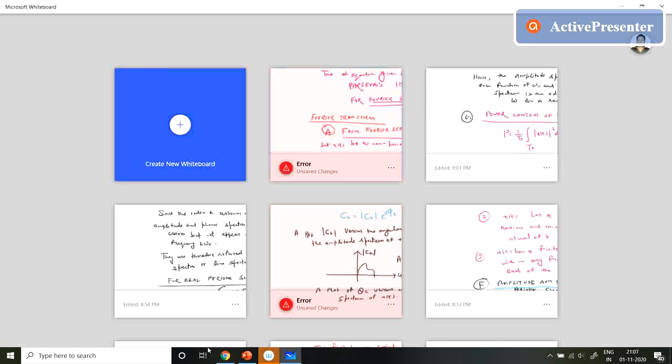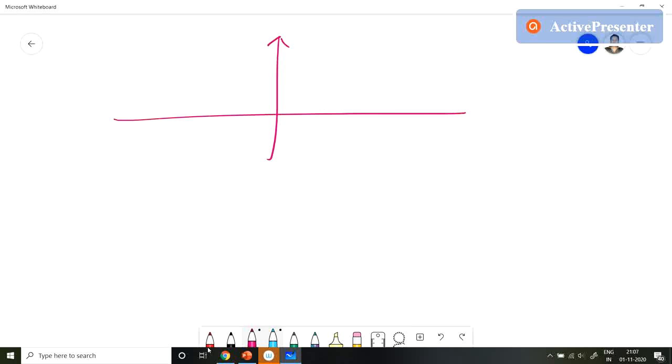Let us plot x(t) first. x(t) is from minus T1 to plus T1 and has some value there, and from minus infinity to minus T1, and from T1 to infinity, it is 0. So this is our x(t).